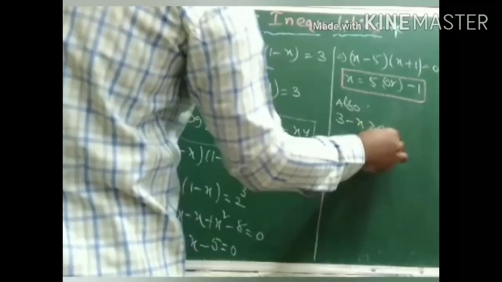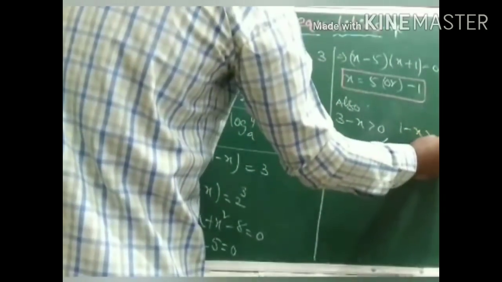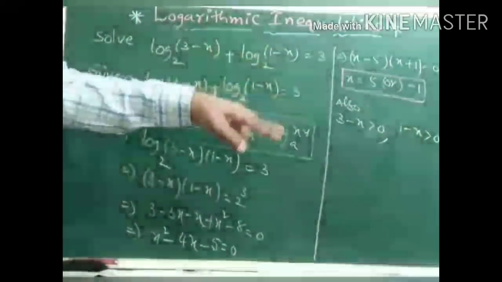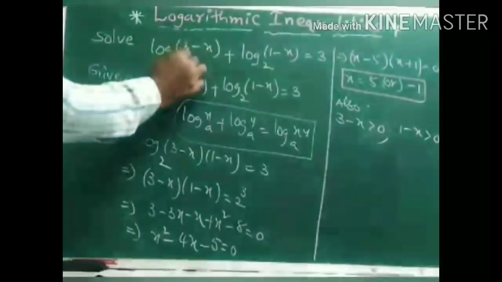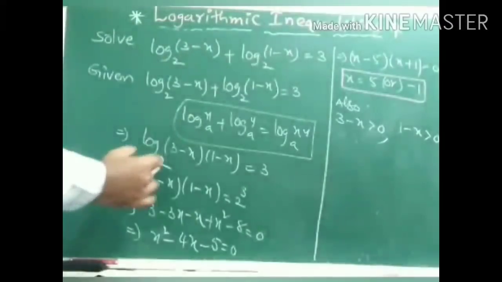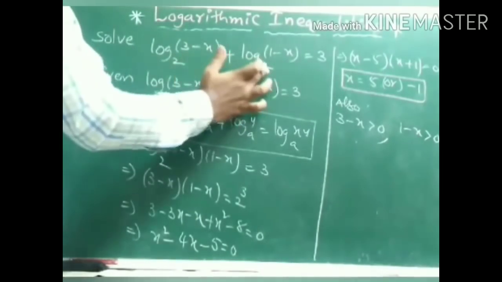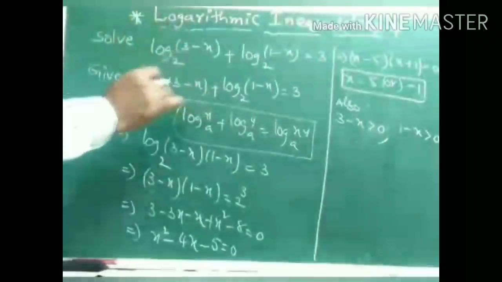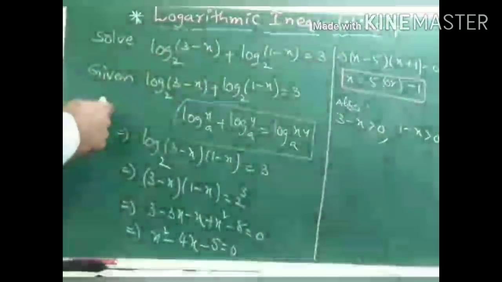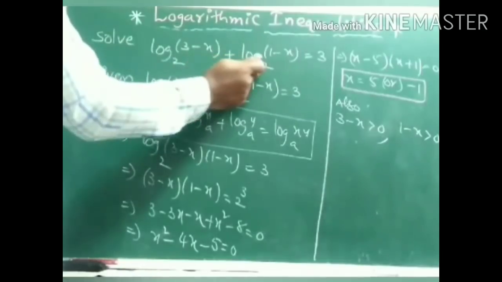One is 3 minus x should be greater than 0, and also 1 minus x is greater than 0, isn't it? So the given logarithm is defined when 3 minus x and 1 minus x are positive. Of course, the logarithmic base must also be positive and not equal to 1. Here 2 is positive and not equal to 1, so no need to bother about the logarithmic base.